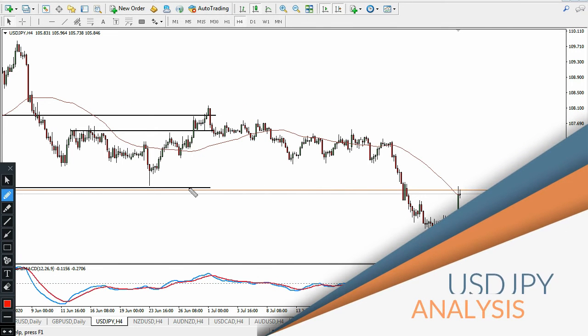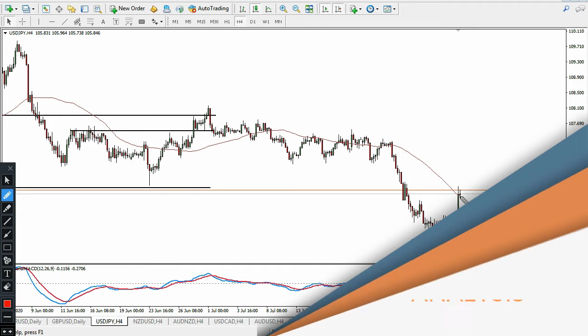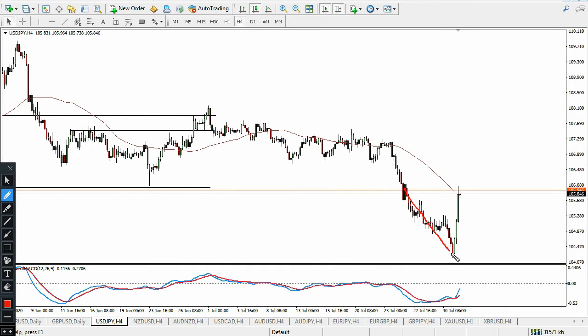This is the USD Yen. As I told you last week, we might see some downward move before going upwards, and the price was moving as expected. From this area, the buyers are coming back to show their strength. So what will be the next move?